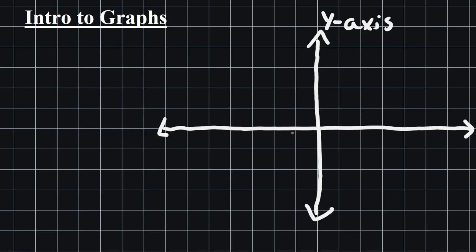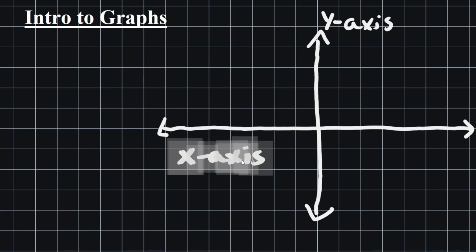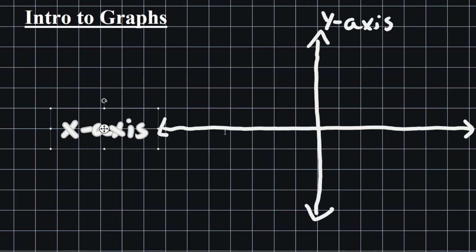And this line that goes from left to right is called the x-axis. I'll write it here, x-axis. In fact, I'll move that word over here. So y-axis and x-axis.